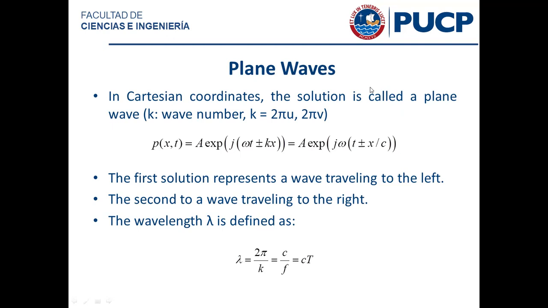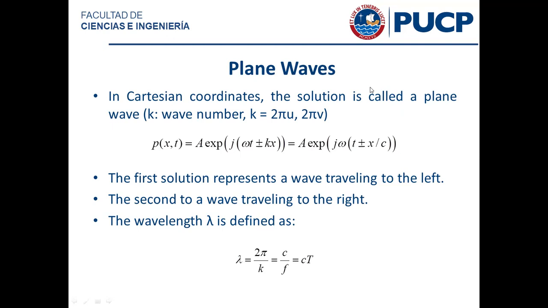The first solution, the one with the plus kx, represents a wave that travels to the left. The second solution, the one with the minus, represents a wave that travels to the right. And just for your own knowledge, we have yet another variable, the wavelength, which we define here as 2 pi divided by k.